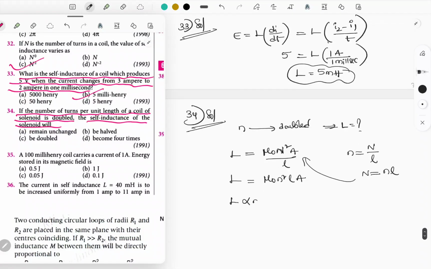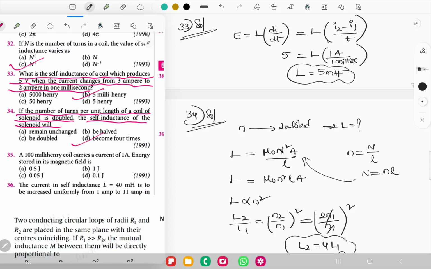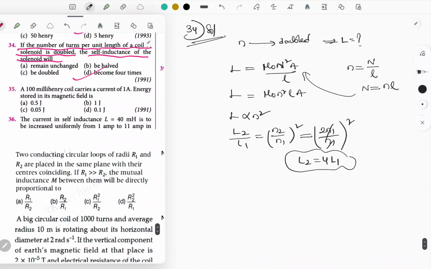Then L is directly proportional to n square, right? So L2 by L1 is equal to n2 by n1 whole square. n2 is how many times? Doubled, that is 2 times n1 divided by n1. n1 will get cancelled out. Then L2 is equal to 4 times L1. So it becomes 4 times. For question 34, option D is correct.